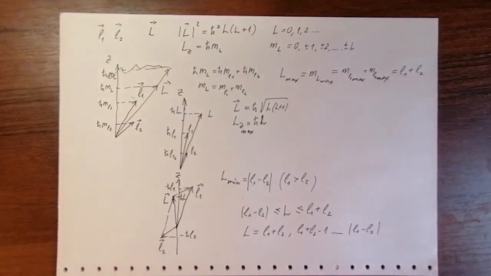In the case of alkali metals, if the valence electron is removed, so the atom is ionized, then from experiment it follows that the angular momentum of the residual atom is equal to 0.